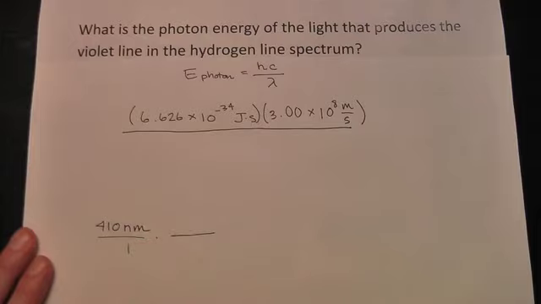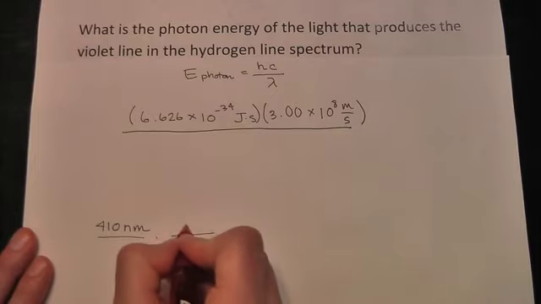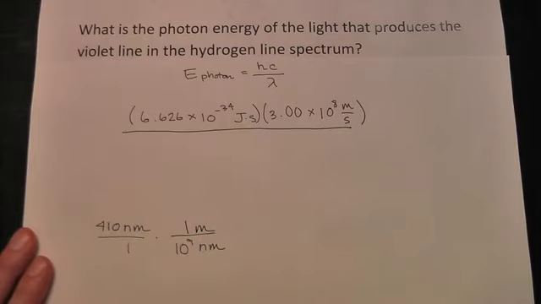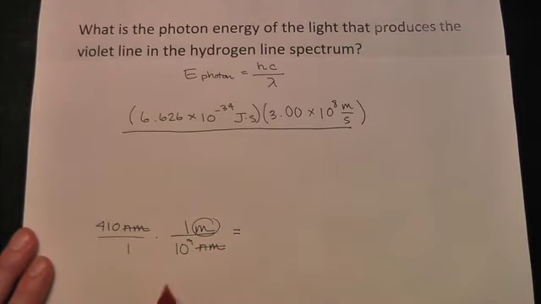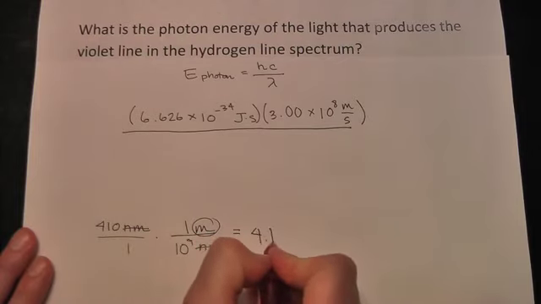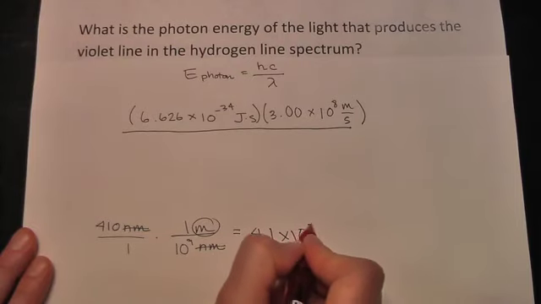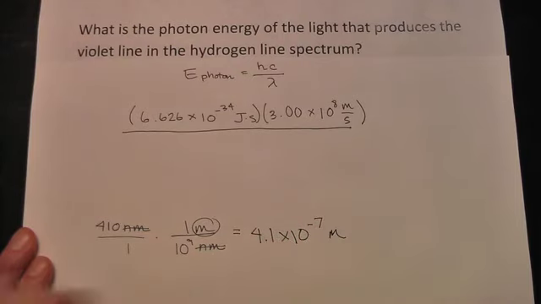How many meters is that? Well, we need to do a little dimensional analysis. I know 10 to the 9th nanometers is in 1 meter. That would make my units cancel, giving me meters. I do the math on that and I get 4.1 times 10 to the -7th meters.